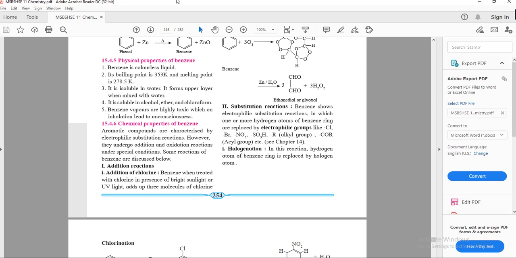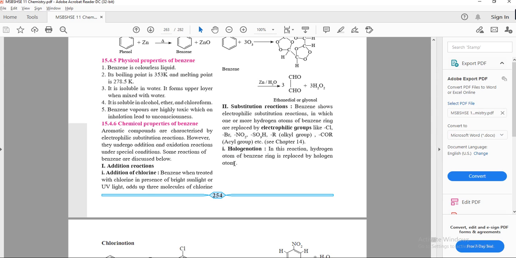So these are the electrophilic groups: Br, NO2, SO3, R, which is an alkyl group, and COR, the acyl group. So when an electrophile substitutes the hydrogen on the benzene ring, the reaction is called substitution reaction.